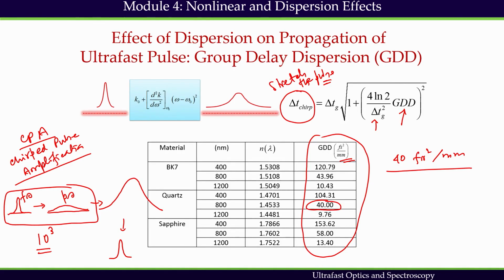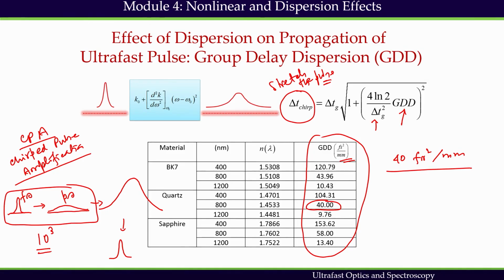This chirped pulse amplification is very important to create high power lasers, because if we directly introduce a short pulse into the amplifier, due to peak power, it will damage the optical media. That's why we have to reduce the peak power, and in order to do so, we have to elongate or stretch the pulse, in other words, introduce the chirp.